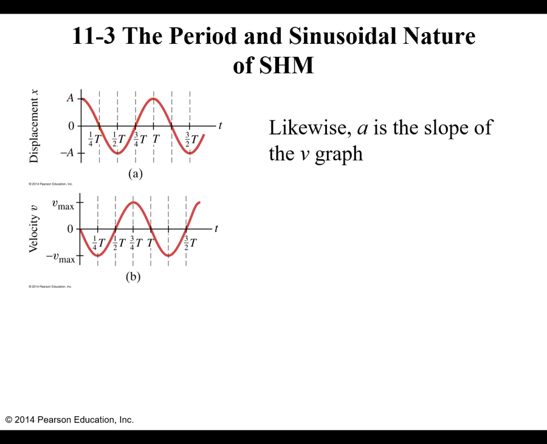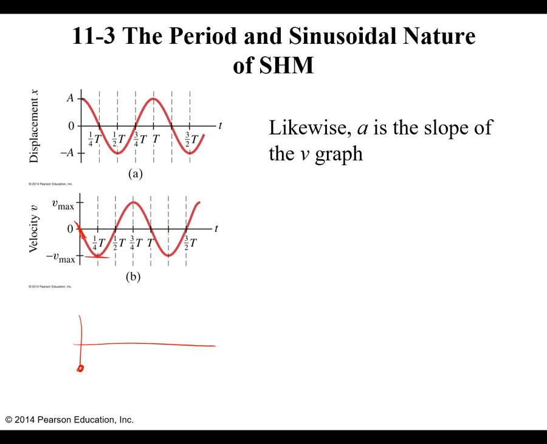All right, let's take a look at acceleration. Just like velocity is the slope of the position graph, likewise, acceleration is the slope of your velocity graph. So let's take a look at your slopes. Here at time 0, your velocity graph has a negative slope, which means for acceleration you would have some negative acceleration.